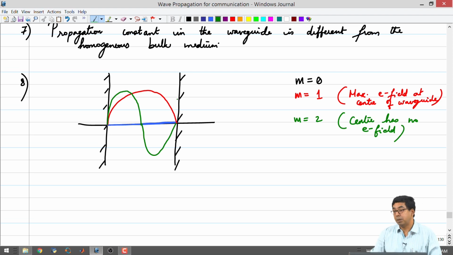You also need to know when people use tinier detectors in between the waveguide. Suppose the experiment is to figure out the mode profile itself. These are known as modes: m equal to 0, m equal to 1, m equal to 2 are all known as modes.